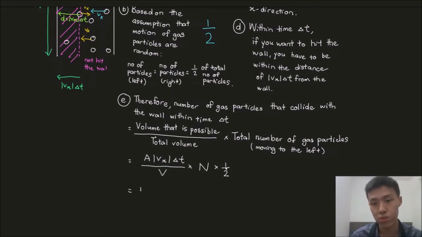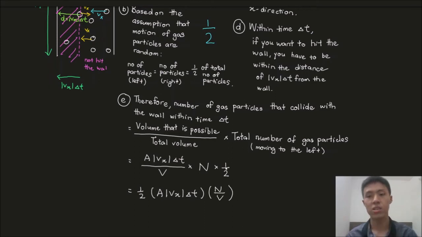This equation will be half A Vx delta T times N over V. So with that said, we have found the total number of gas particles that will be colliding with the left wall within this time delta T.